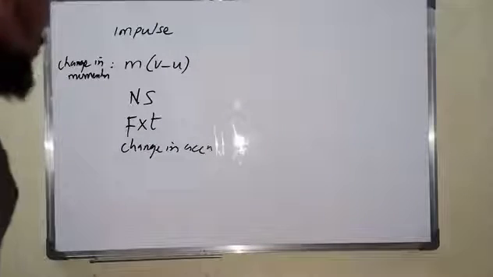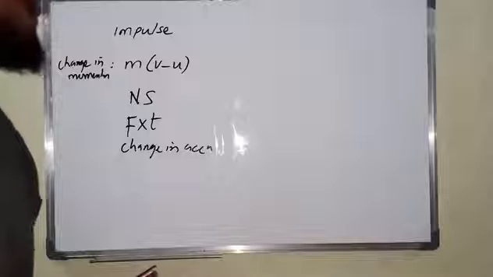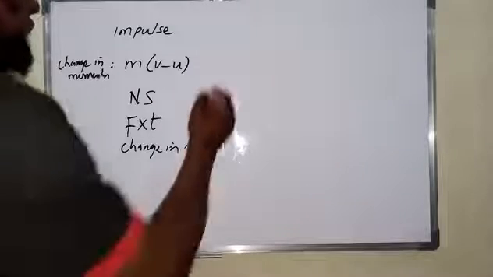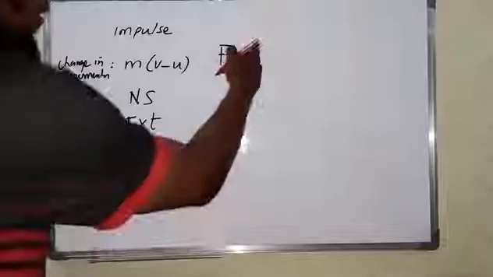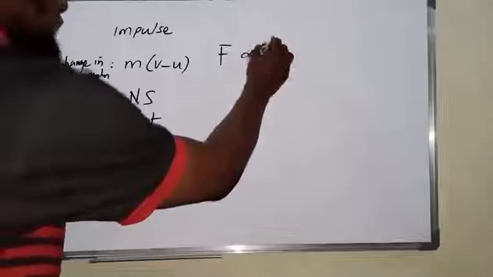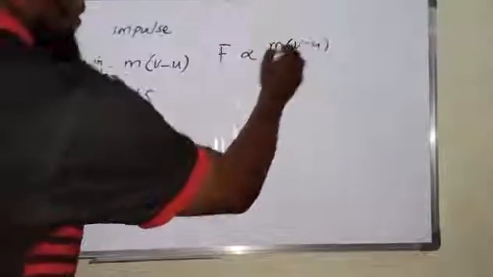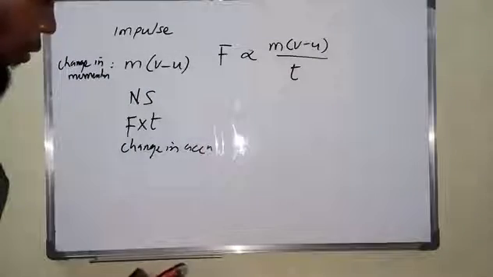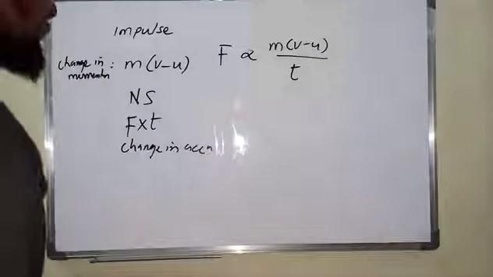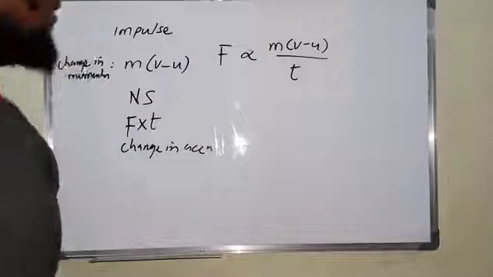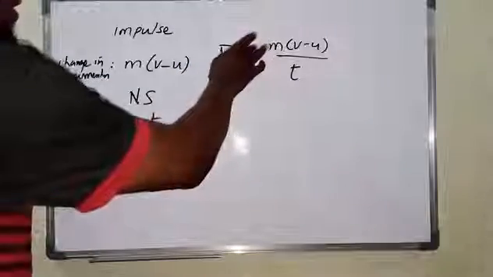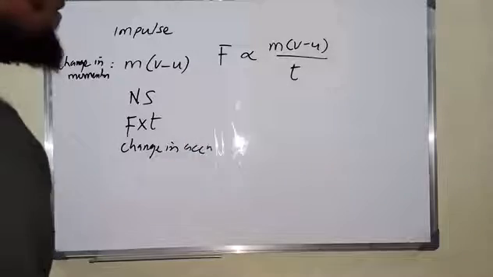Then the second law says that the rate of change of momentum of a body in motion is directly proportional to the force acting on it, which is given by this formula.